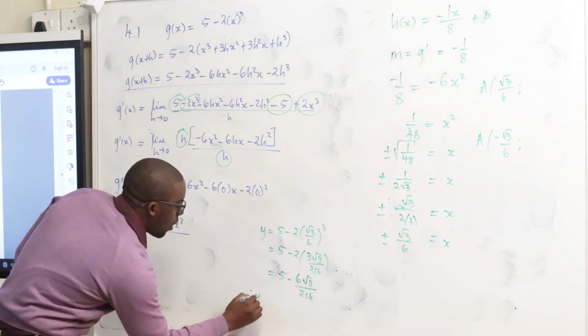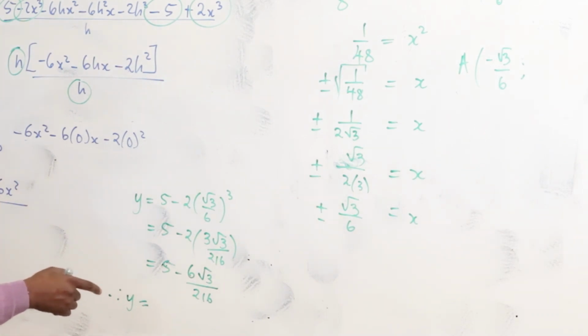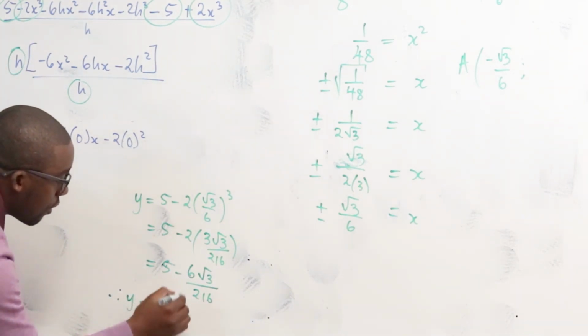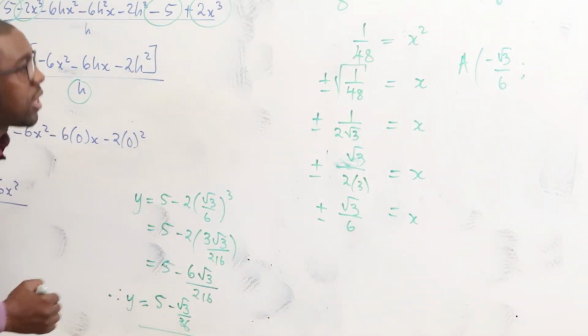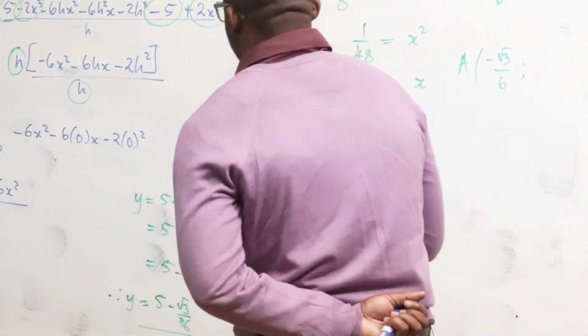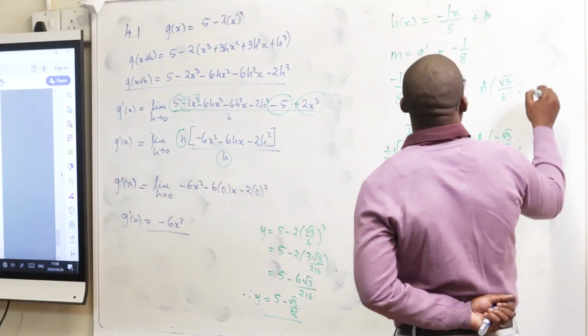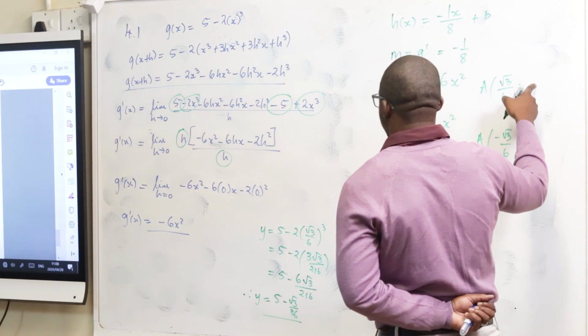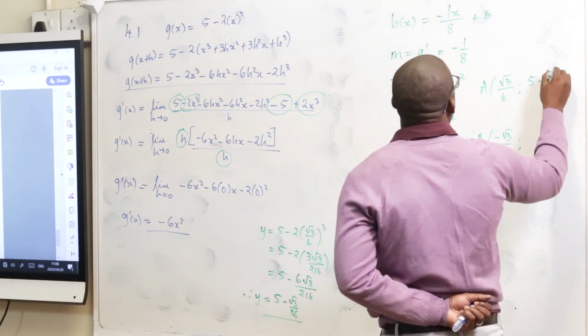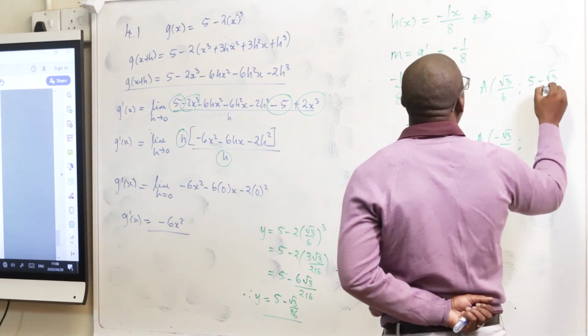And lastly, y is equals to 5 minus root 3 over 36, whatever that is. So this was the positive root 3, so for this one, 5 minus root 3 over 36.